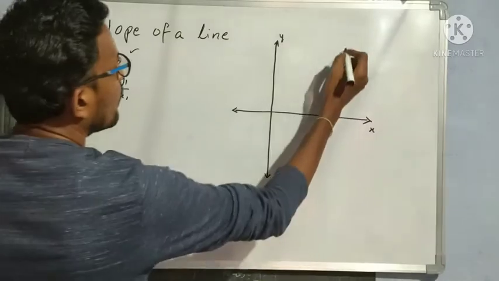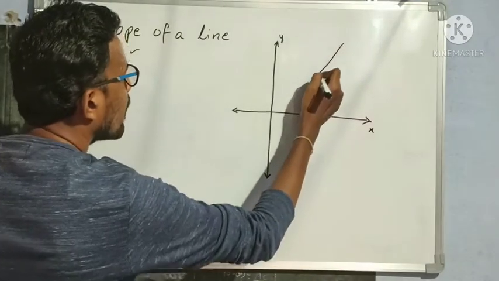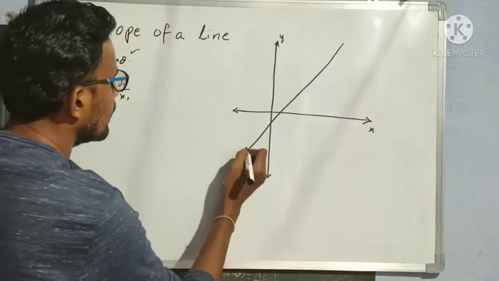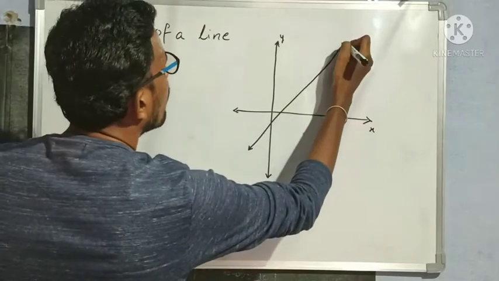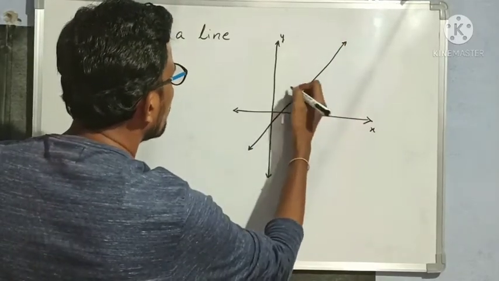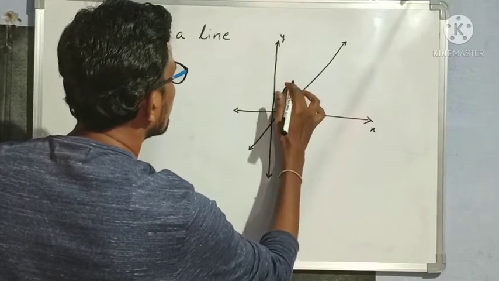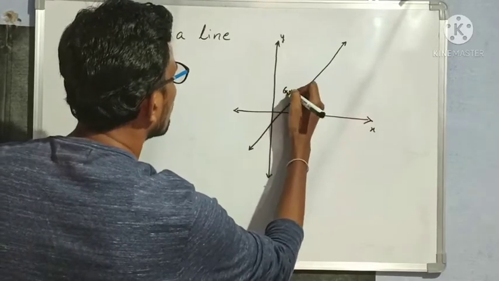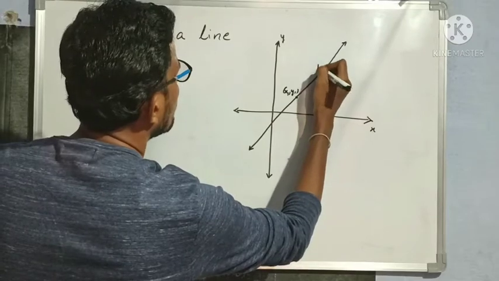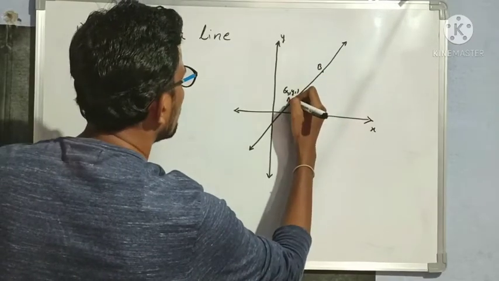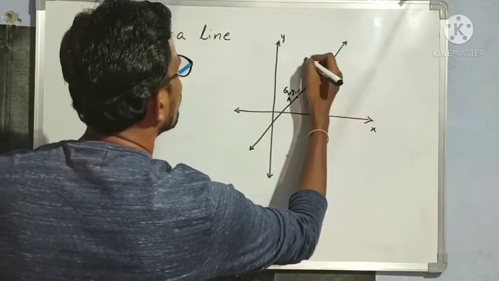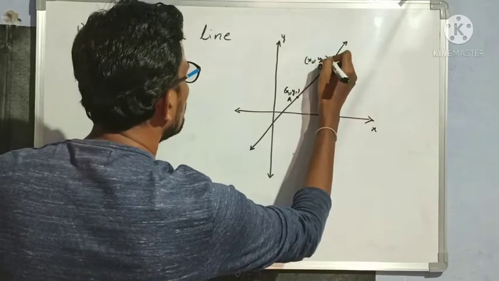Okay, the same line I am drawing like this, and on this line I am taking 2 points. This point is my x1 y1 and this point is my x2 y2. Suppose this is point A and this is point B, and coordinates of point B are x2 y2.